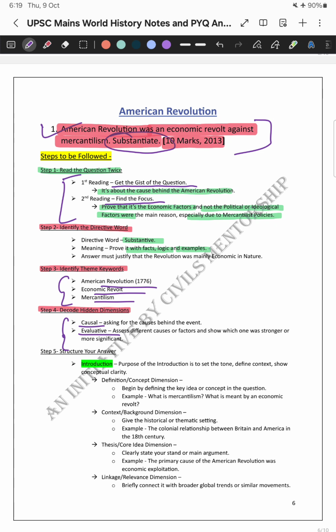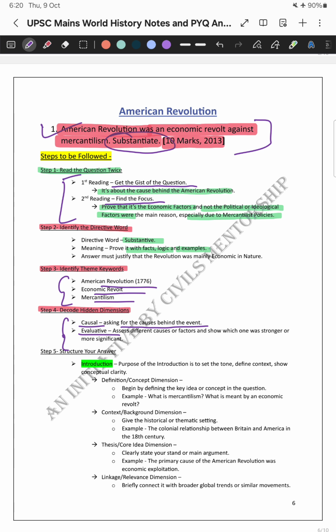So the causal dimension is where they are asking for the causes behind the revolt or behind the event. So what is the evaluative dimension? Evaluative dimension is you need to assess different causes or factors and show which one was stronger or more significant.